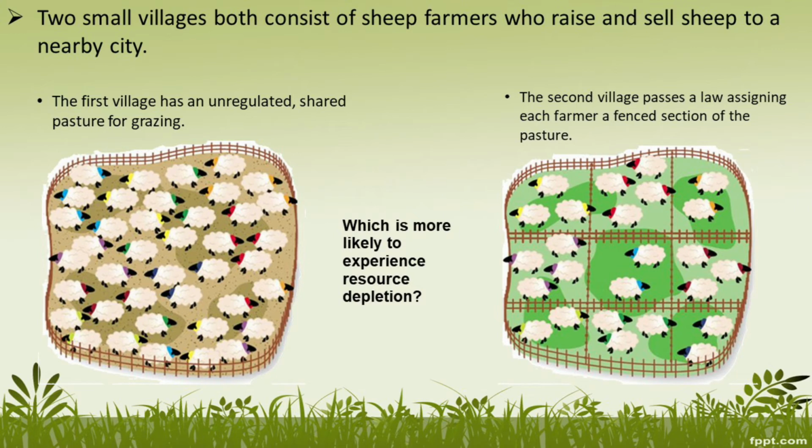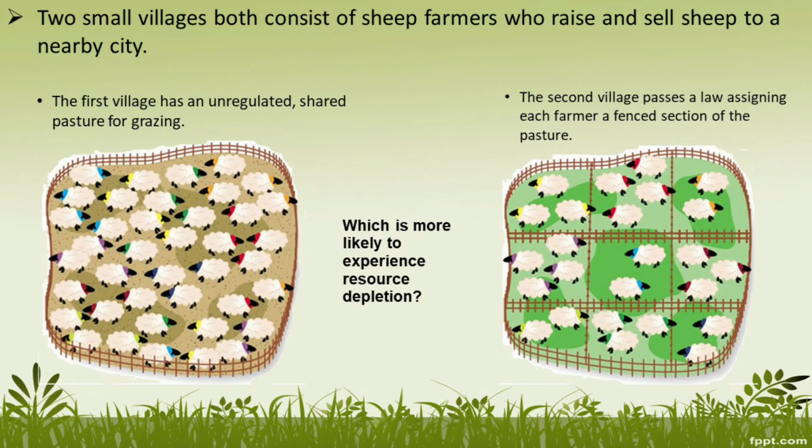While in the second village, a law was passed assigning each farmer a fenced section of the pasture. So there is a distinct boundary between these farmers, and a certain area is intended for their sheep. So which of the two will likely experience resource depletion?